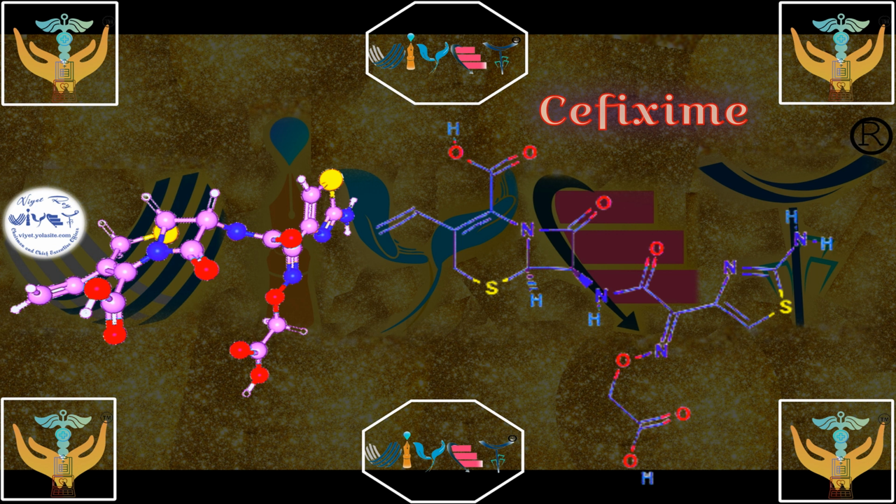It will help you understand what kind of chemical composition really protects us from various kinds of infections, and what kind of infection it is, throughout this video. Okay, the first medicine I'm going to discuss is called cefixime.